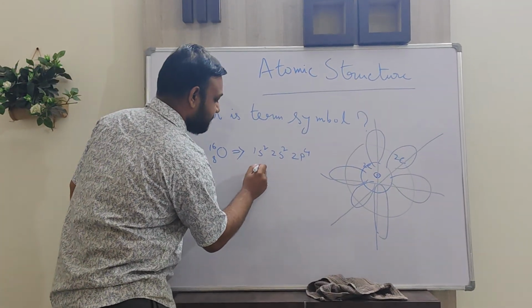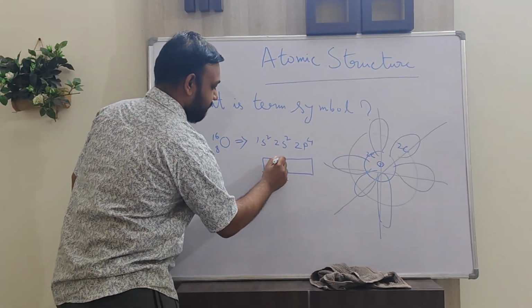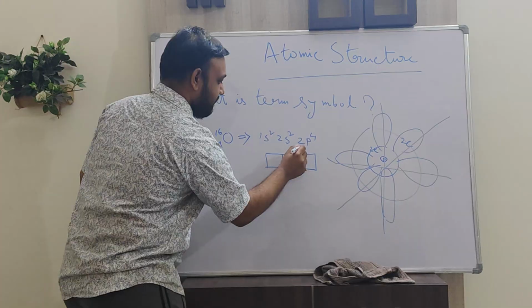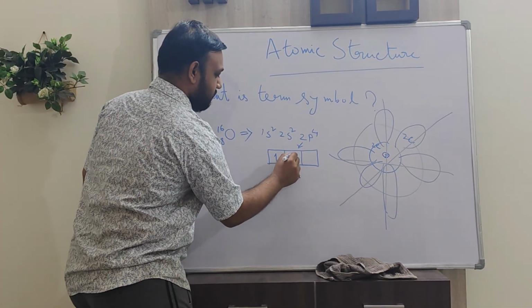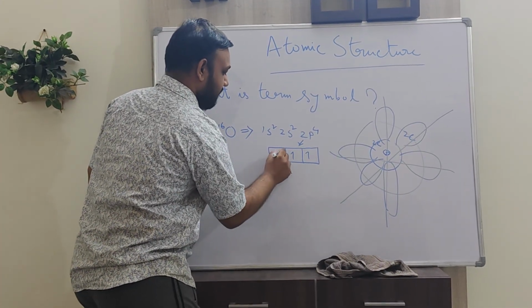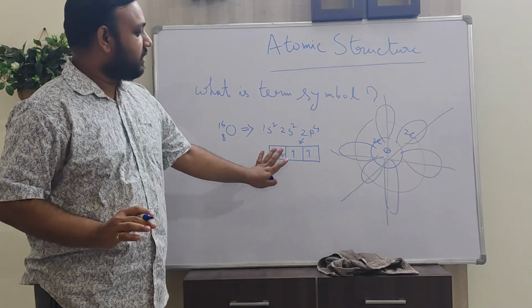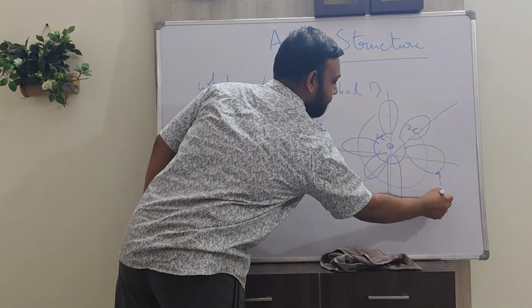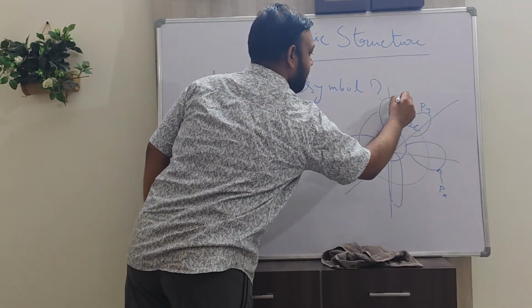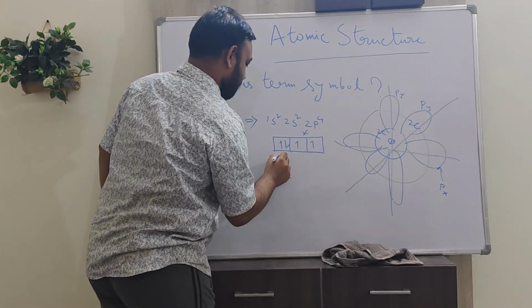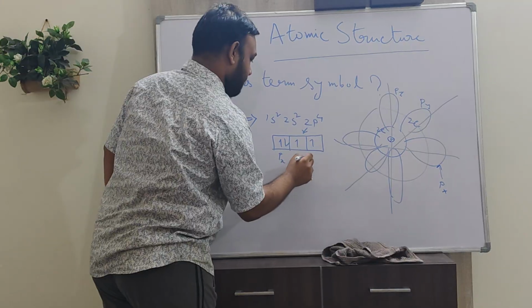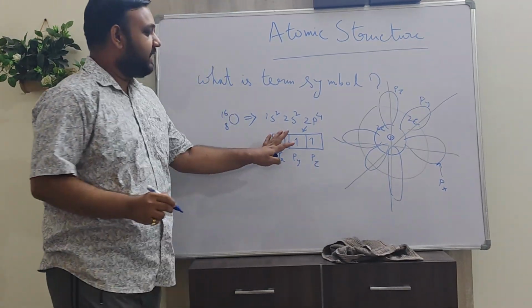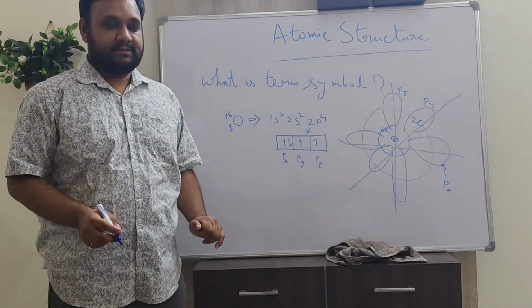If I draw a box structure for 2p, so 1, 2, 3 and 4. Total 4 electrons will be distributed in px, py and pz, the 3 p orbitals.